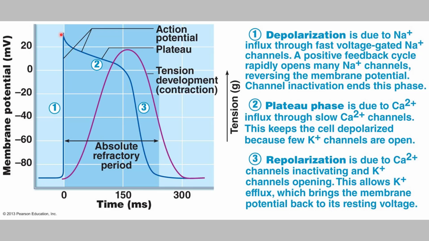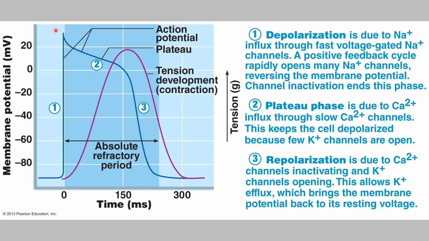That is because there is another type of very special sodium channel. It is called a fast voltage-gated sodium channel. It's voltage gated, it opens very quickly, and it allows a lot of sodium through all at once. So we go from completely at rest, polarized down here, to completely depolarized right here, all in a moment.